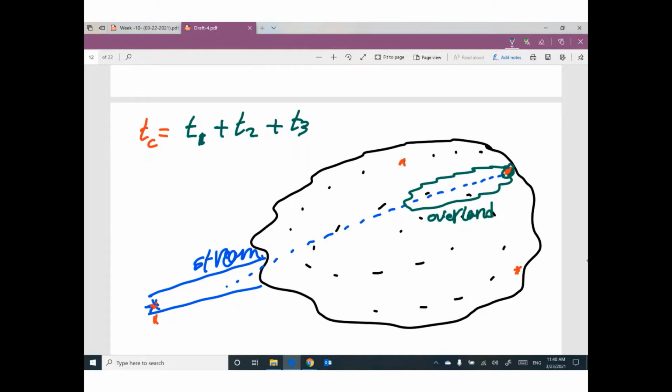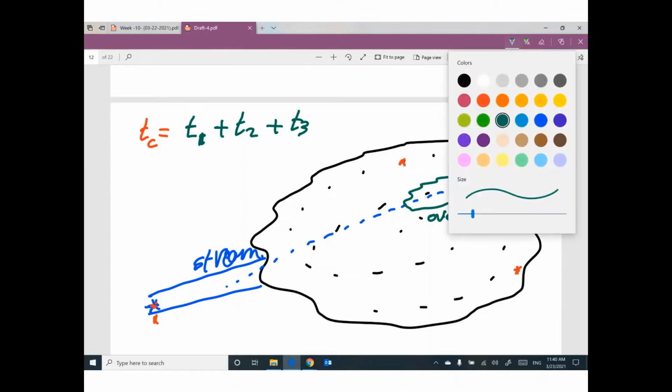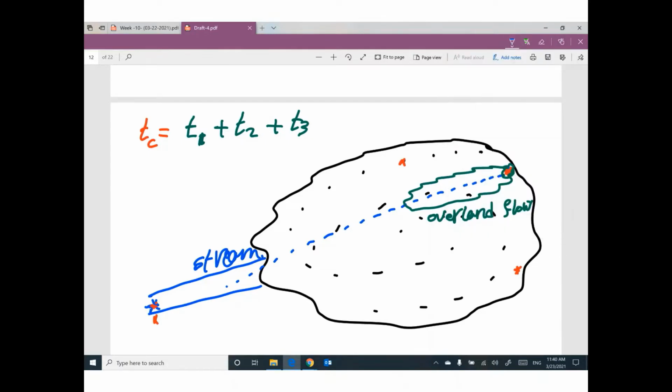Then the water will be more concentrated to create small rivers or small channels.